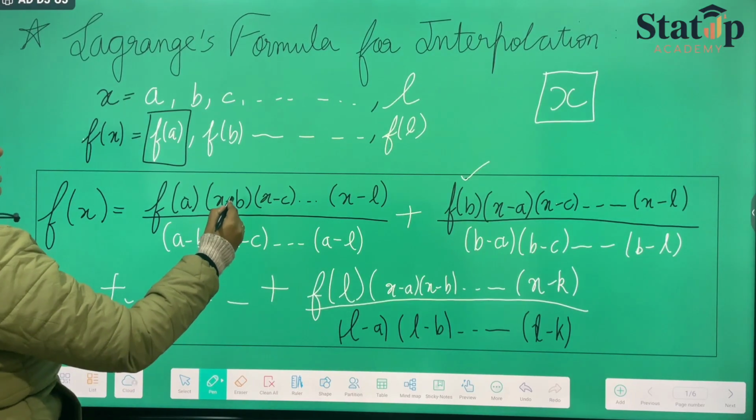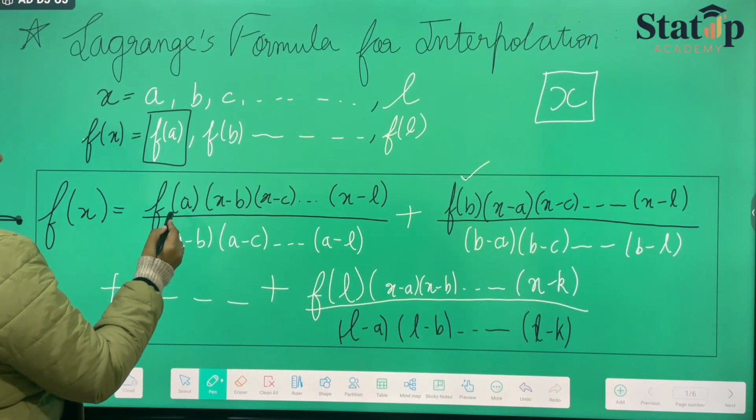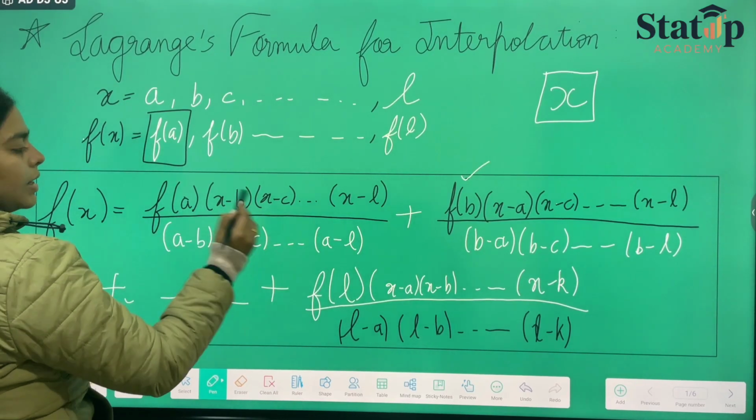In the denominator we subtract the same terms from a: (a minus b)(a minus c) up till (a minus l).